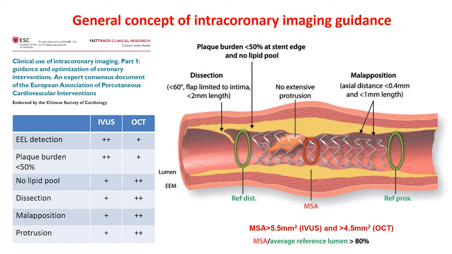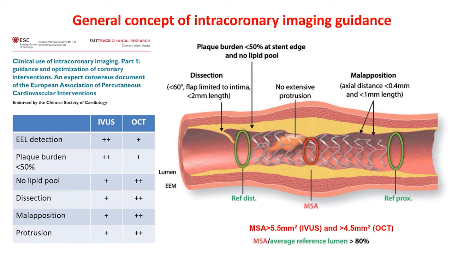Second, stent expansion index more than 80%. The stent edge should be located where plaque burden is less than 50% and there is no residual dissection. Malapposition should be limited to less than 400 micrometers in actual distance and less than 1 mm in length.